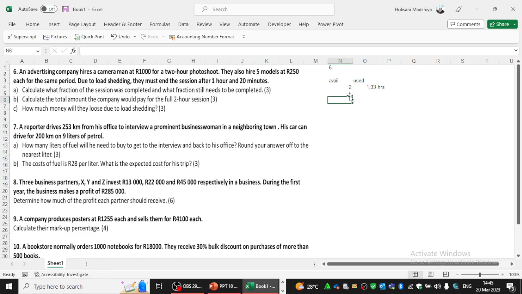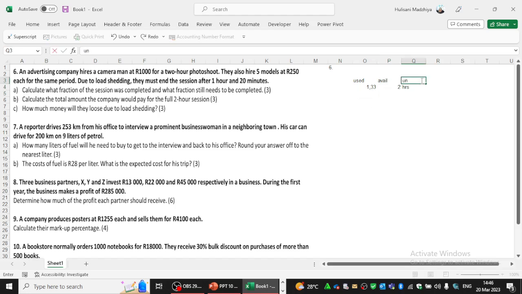We can perform a ratio. I'm just going to swap these around: we used 1.33 hours out of 2 hours. So in total, we had 2 hours.